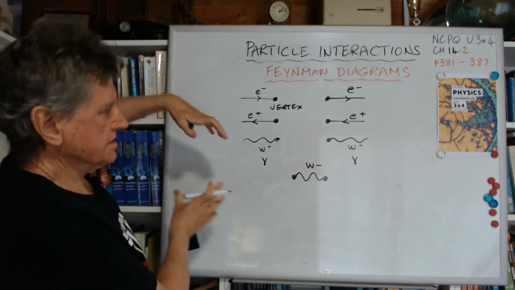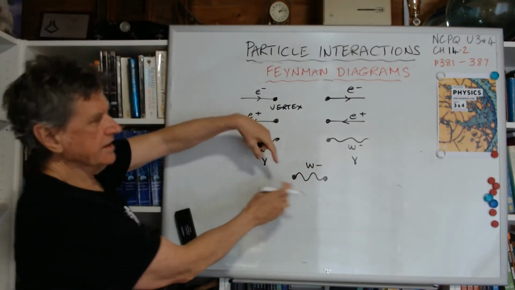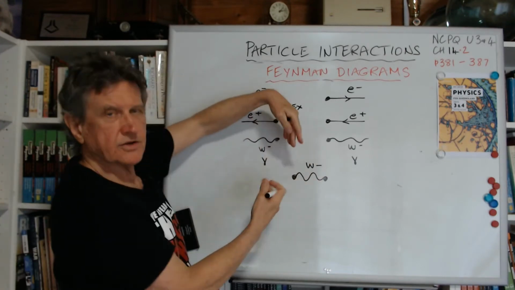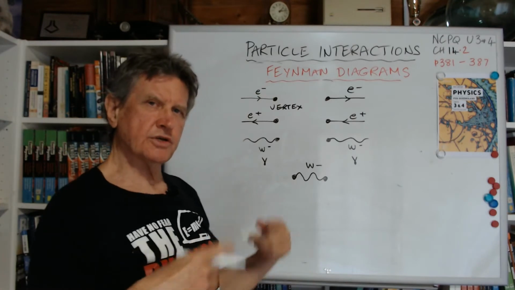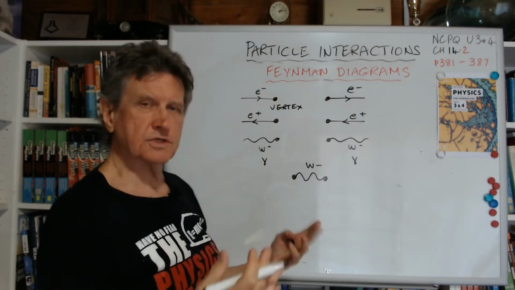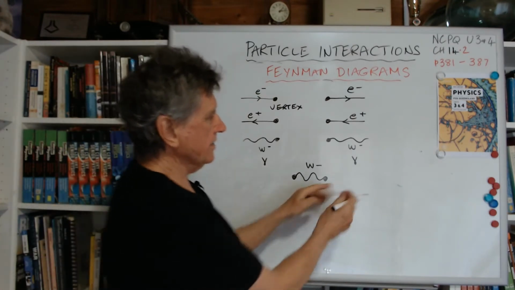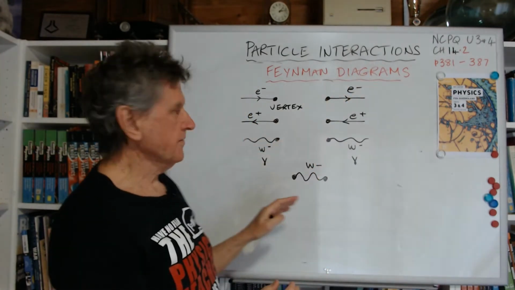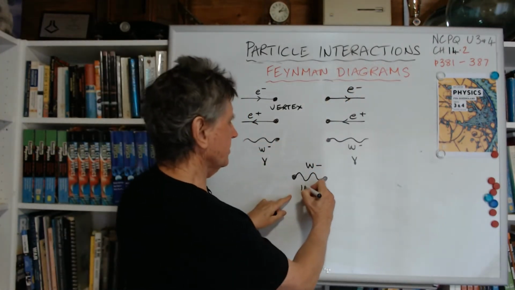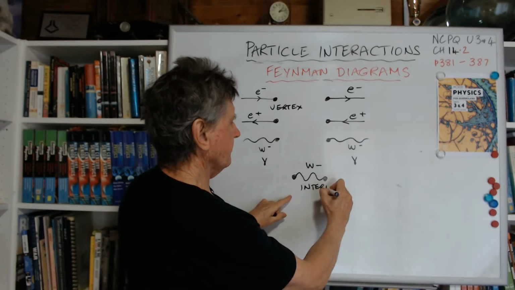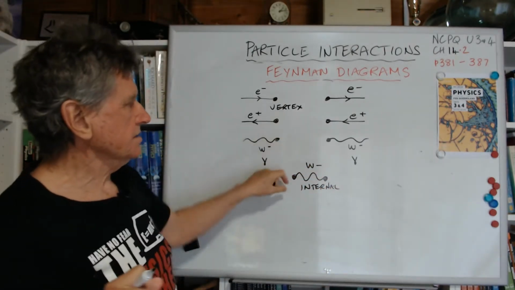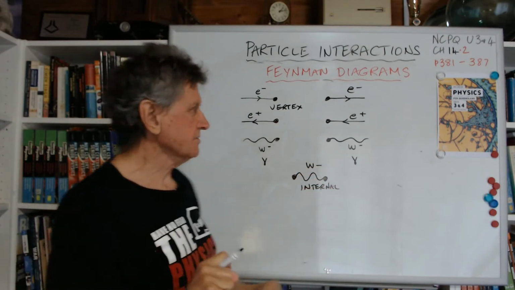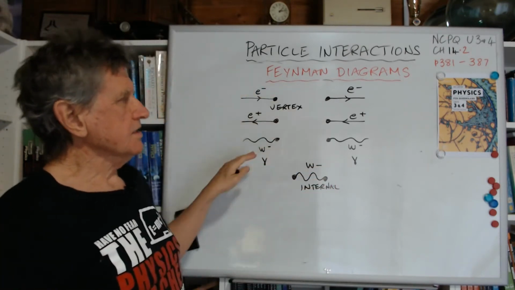So you've got something coming in, then those electrons or whatever interact via this gauge boson, which is the force particle, and then there's something going out as well. So that's for internal lines. Internally you'd have a vertex at either end where the interaction takes place. Okay, so that's the lines.